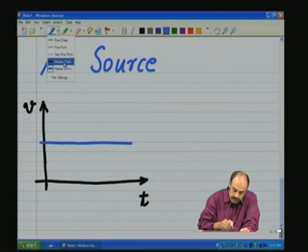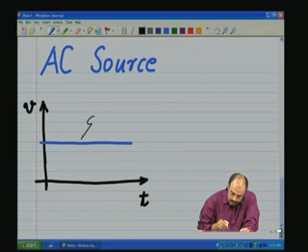So, this is the waveform that you would see for a DC source.